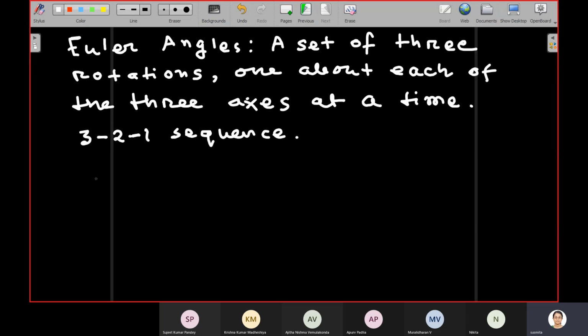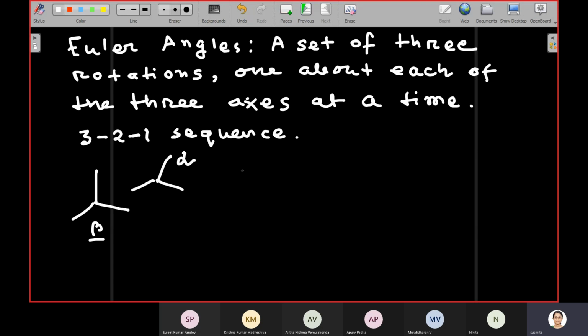So let's say this is the beta frame and this one is the alpha frame. In this case, beta is the reference frame and alpha is the frame of interest. We want to find the orientation of the alpha frame with respect to the beta frame. So we need to apply 3 rotations from the beta frame to go to the alpha frame.